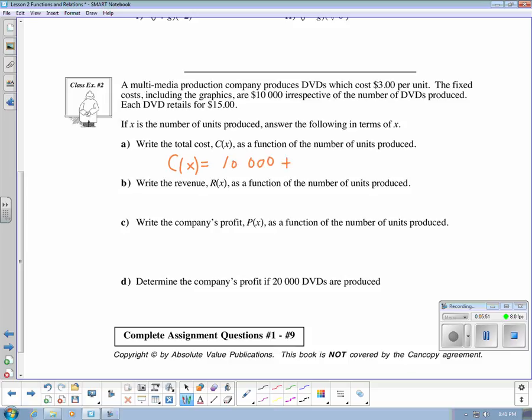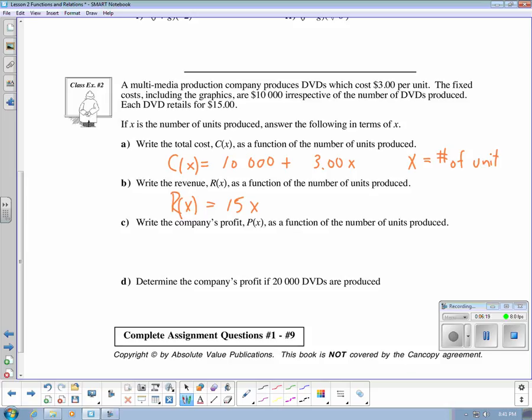And then I get to pay $3 per unit, where x is the number of units. So that's one equation. Now revenue, it says I can sell these DVDs for $15. Well, that's awesome. Our revenue statement, 15x, x still represents the same concepts.